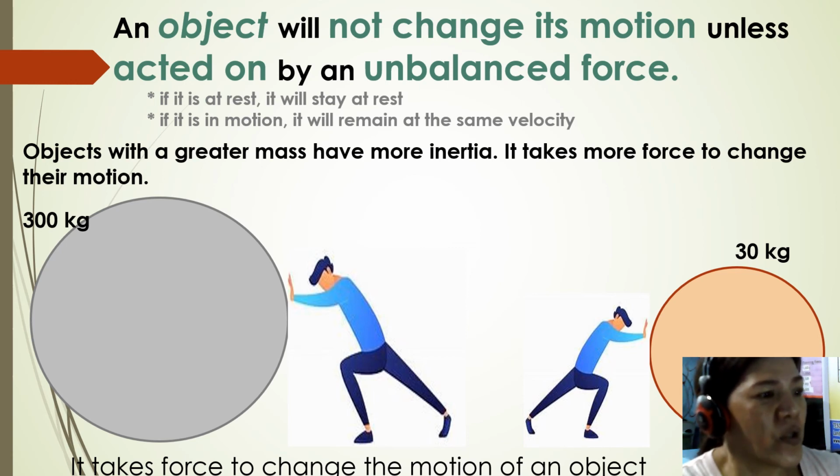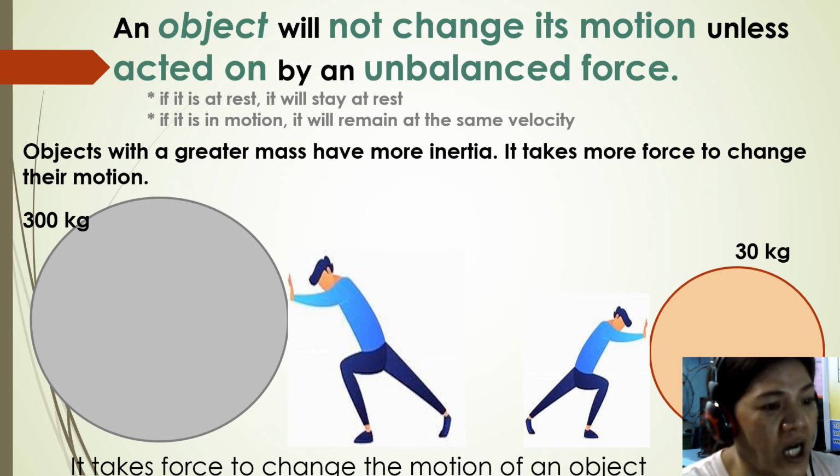Okay, try to look at this figure. Objects with a greater mass have more inertia. It takes more force to change their motion. So if you can see, it takes force to change the motion of an object.